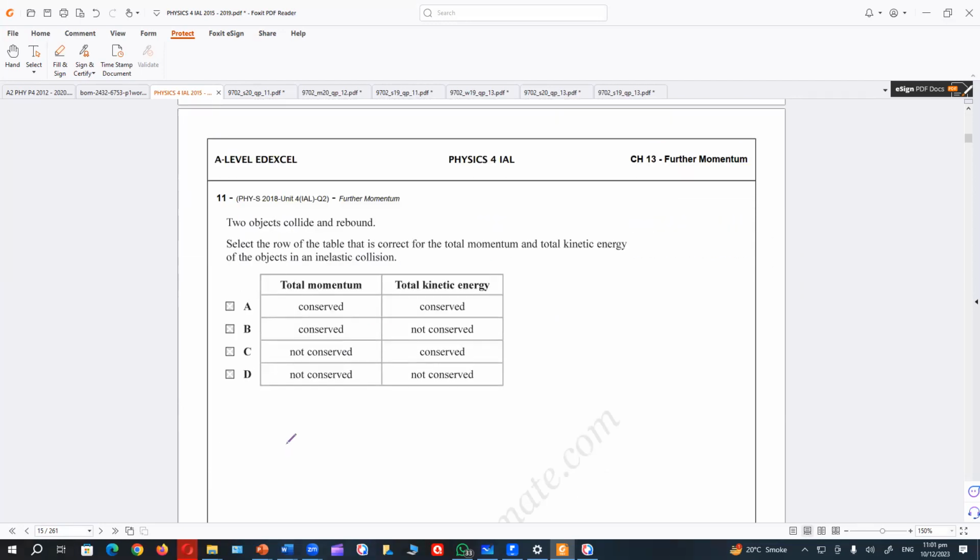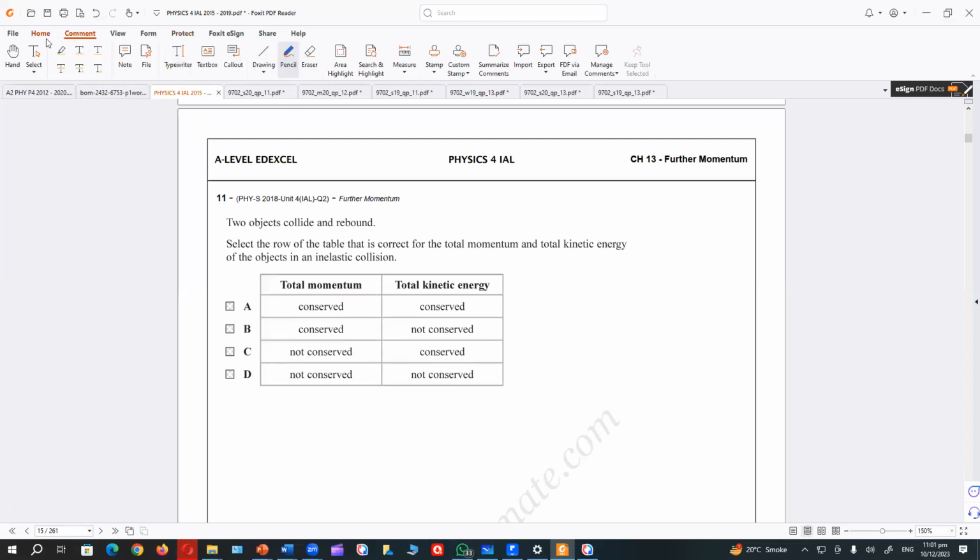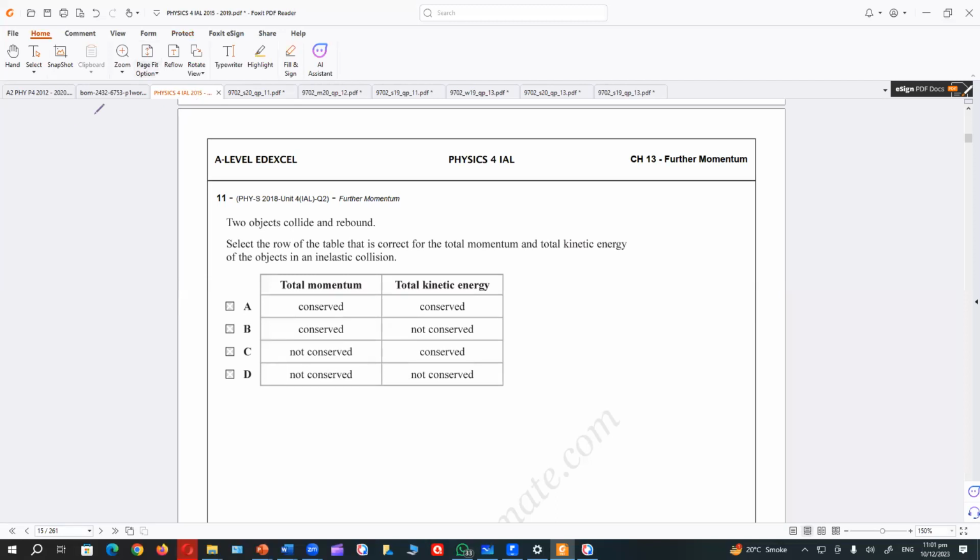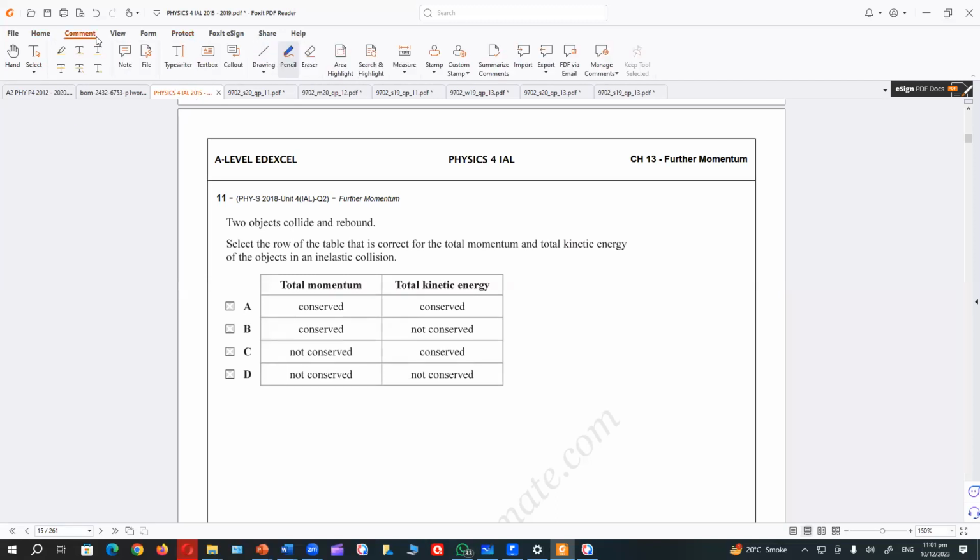Two objects collide and rebound. Select the row of the table that is correct for the total momentum and total kinetic energy of the objects in an inelastic collision. Momentum is conserved. But what about kinetic energy?